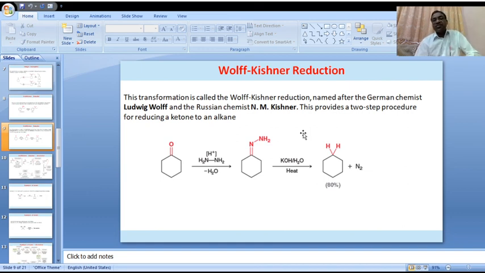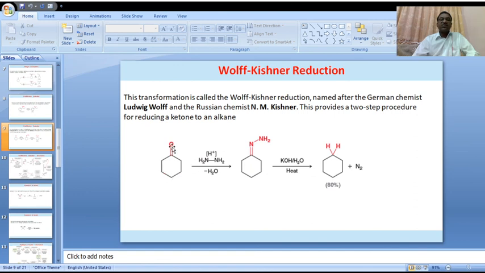This provides a two-step procedure for reducing a ketone to an alkane. It is a two-step procedure.